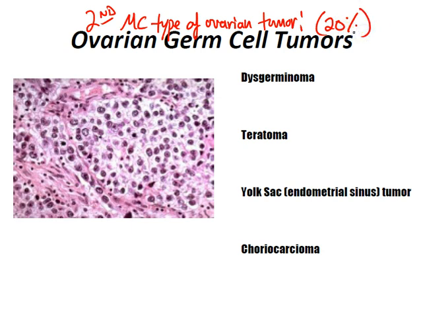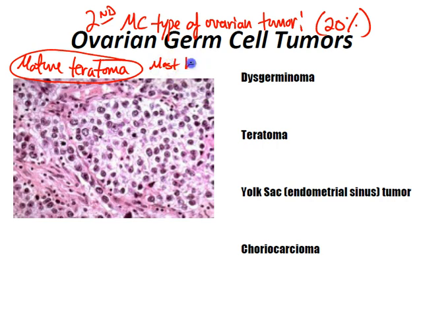The most benign germ cell tumor is something called a mature teratoma. And the most common malignant germ cell tumor is called a dysgerminoma.